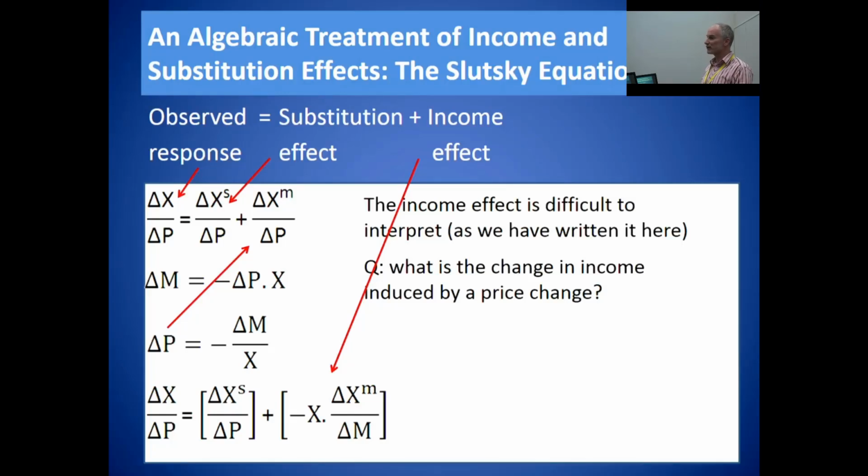Income elasticity of demand for a normal good is positive. Income increases, consumption increases. Income falls, consumption falls. That's for a normal good. And for an inferior good, the income elasticity of demand is negative. Consumption and income move in opposite directions.